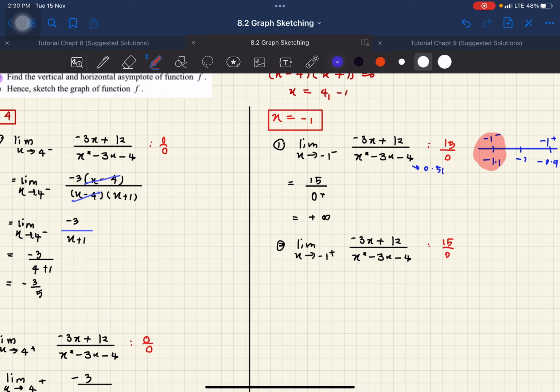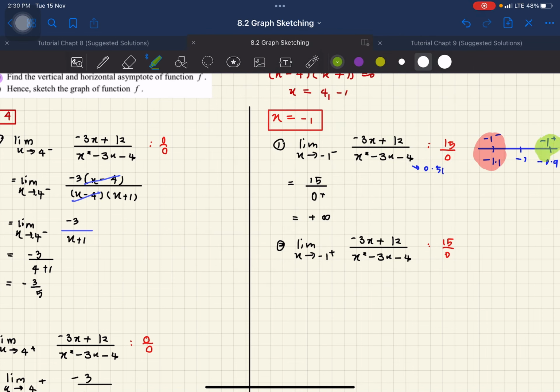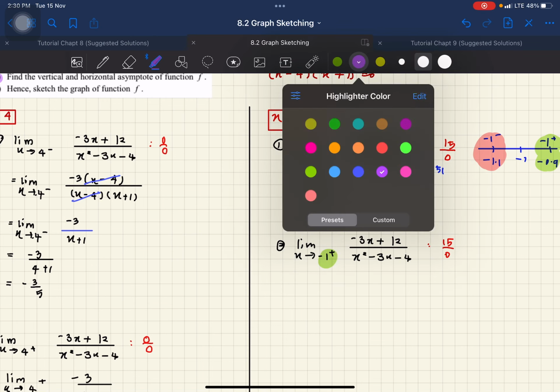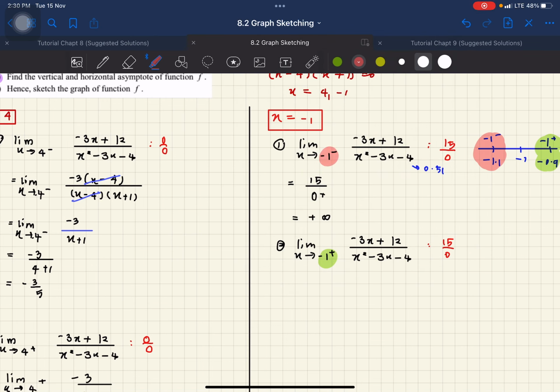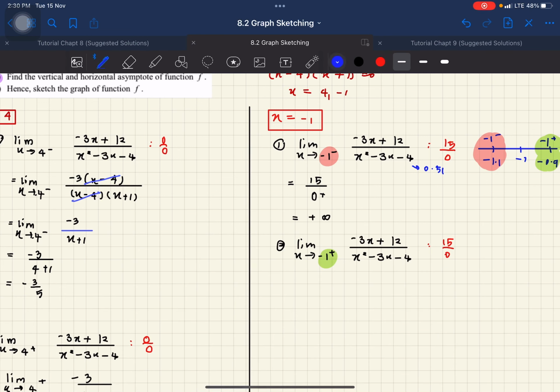Okay, so now we want to use the one coming from the right. So the one coming from the right, it means I want to use this one. So coming from the right just now. Okay, the one before this came from the left. So let's substitute, you need to substitute the value of negative 0.9. We substitute this into this one and also this one.